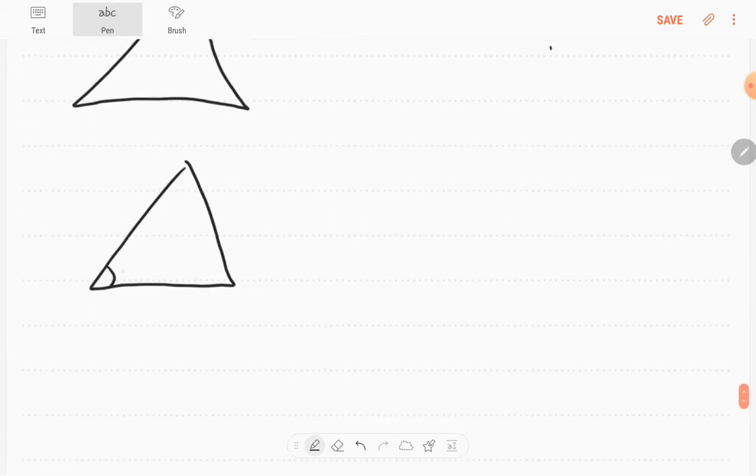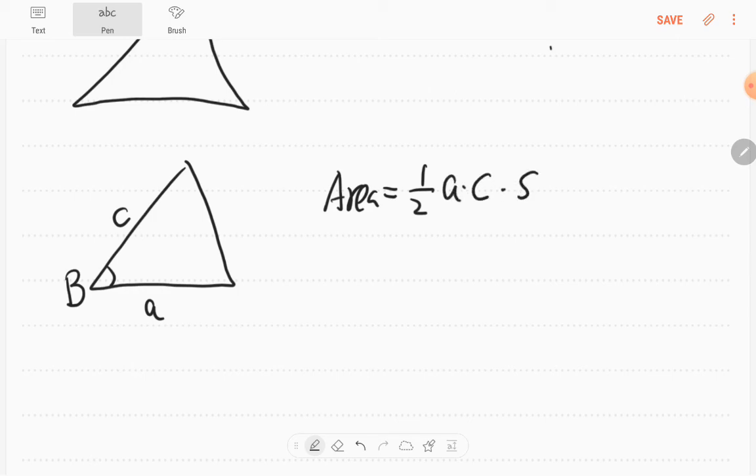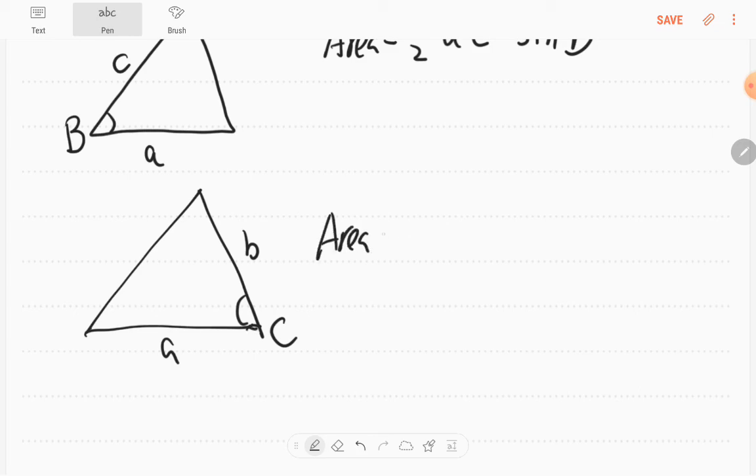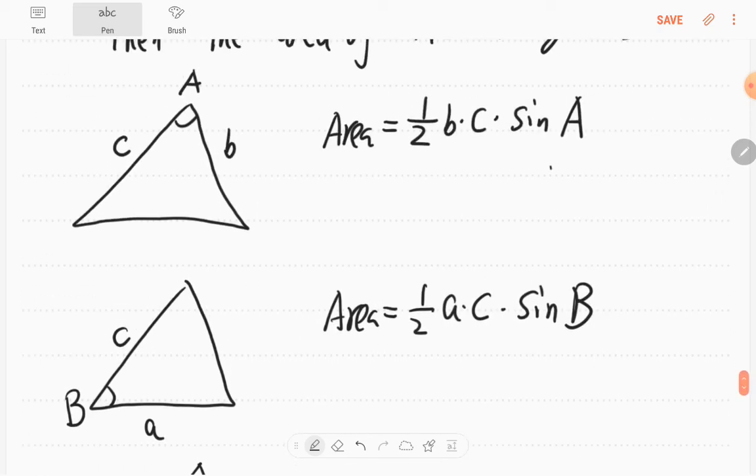If we know angle B, and we know side C and side A, then the area is equal to 1/2 A times C times sine B. If we know angle C, and we know side A and side B, then the area is equal to 1/2 A times B times sine C. These three cases are exactly the same, just using different letters.